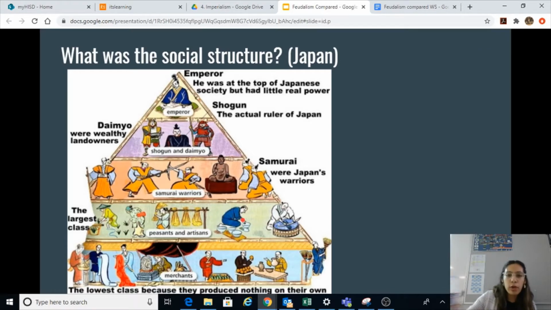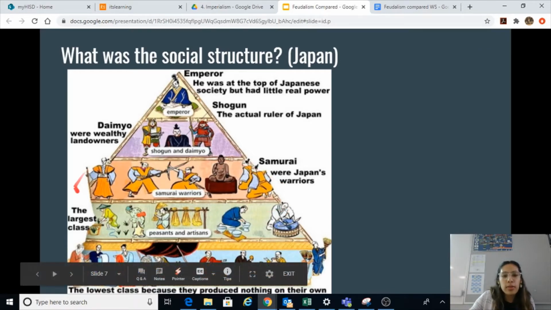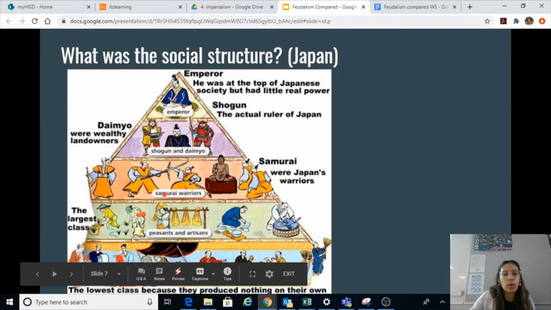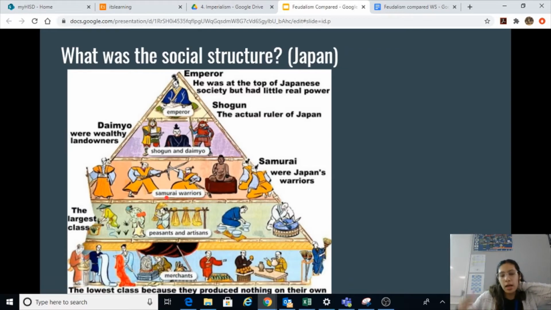Then above them are the samurai, and these were the warrior class of Japan. There are a lot of animes about samurai and everything, and this is the time period in which they were really like what we think of modern day samurais, warriors, skilled fighters and stuff like that. And then above the samurai, we had the daimyo.